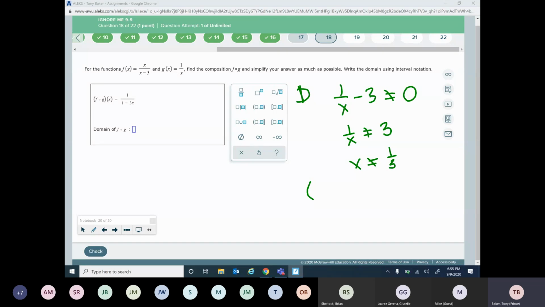So my domain is going to be negative infinity to 1/3, union 1/3 to infinity.